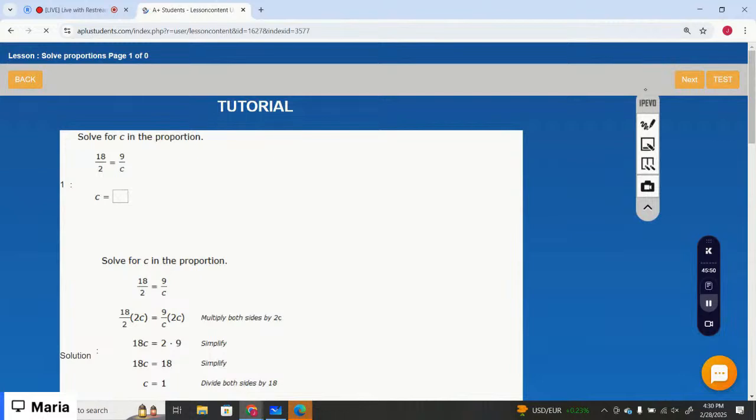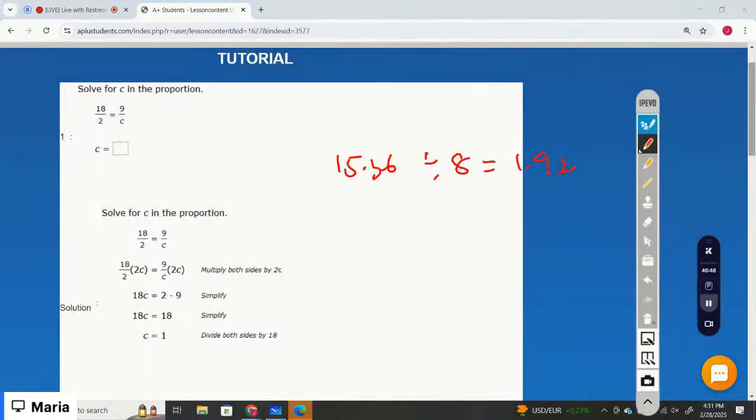Solve proportions. 18 divided by 2 equals 9 divided by C. So you need to calculate the value of C, just cross multiply.